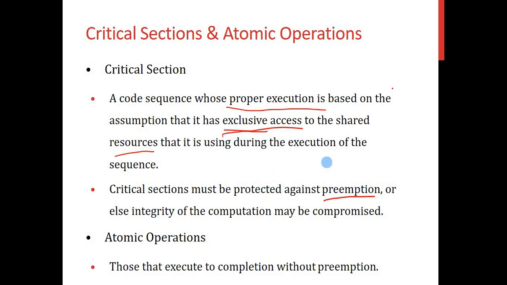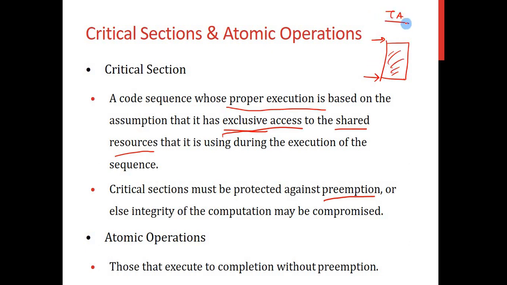Once I enter a critical section, I must be able to finish the entire section without being preempted. And even if I happen to be preempted, all the shared resources that I have access to must still be locked in by this particular task.